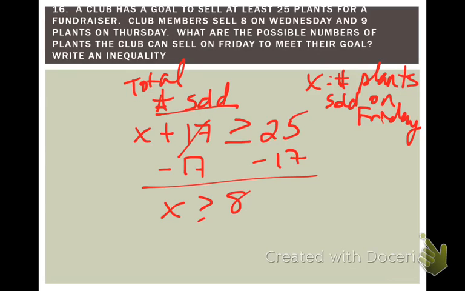And it's always nice to show that, so we can graph it real quick. Open or closed circle on 8? Closed. Left or right? Right. And there you go. Questions left there?